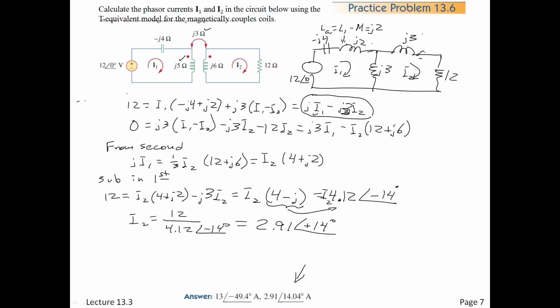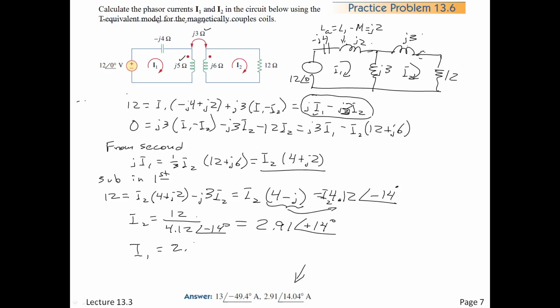So I1, obviously you just plug it back into our relationship, which we had right here. We could put all this back together. That I1 is that, so I1 is going to be this. Where am I at here?